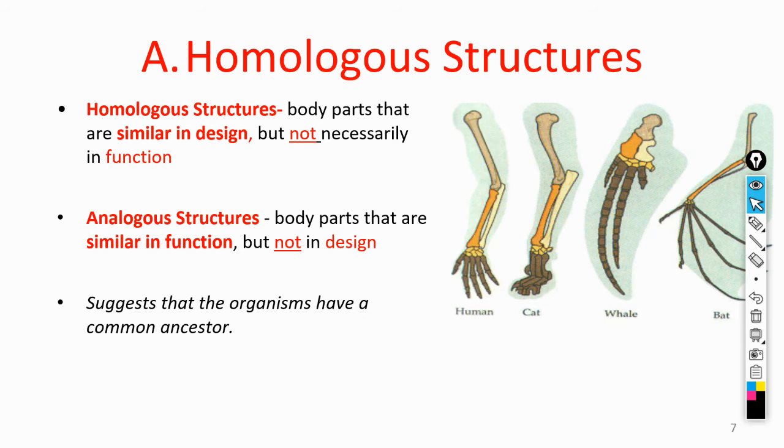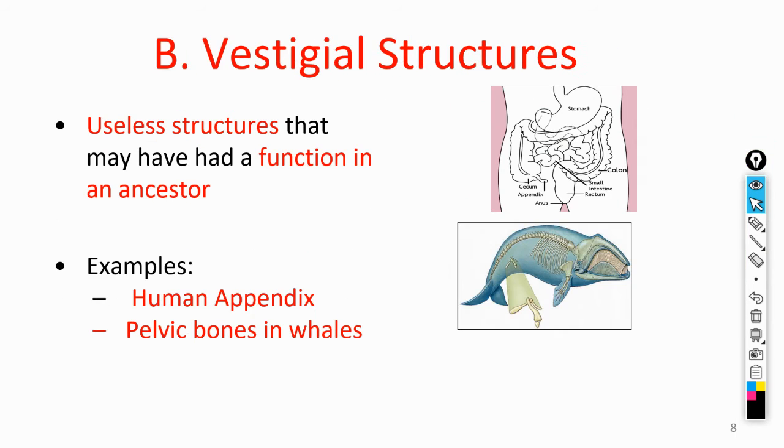Analogous structures don't necessarily suggest a common ancestor. Instead, they provide evidence that the same trait, in my example that trait being flight, has been selected for under similar conditions in different types of organisms. So we're looking at the different traits that are selected for with analogous structures.